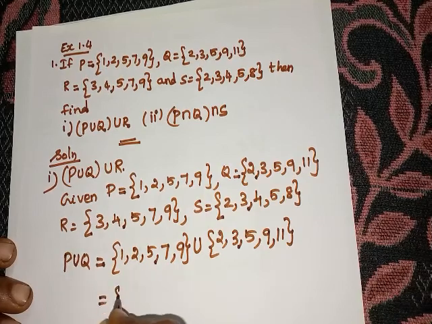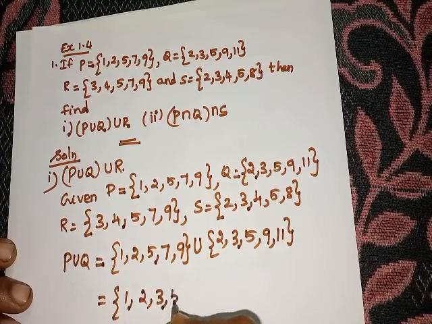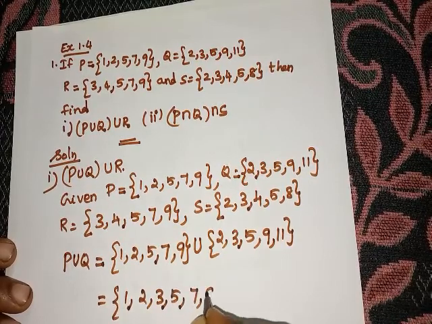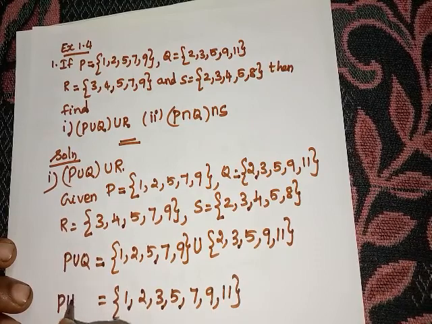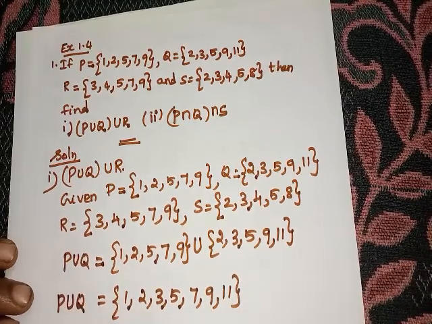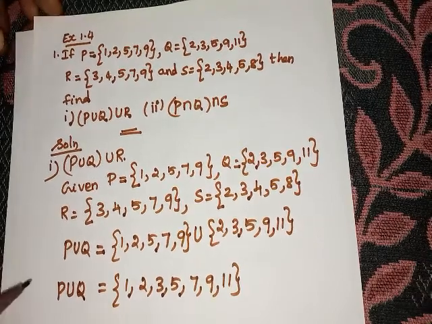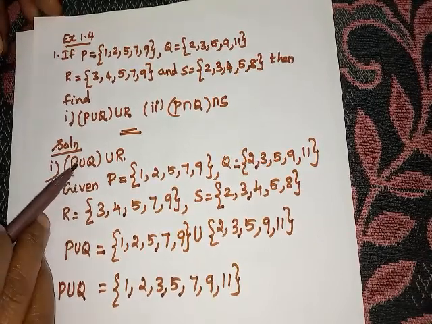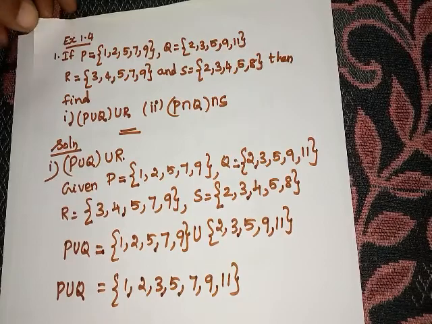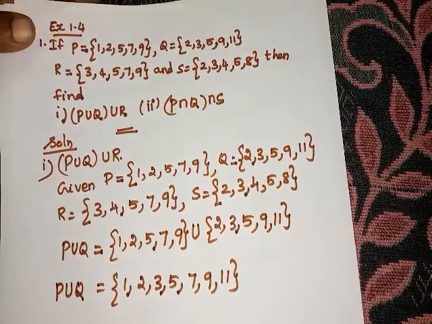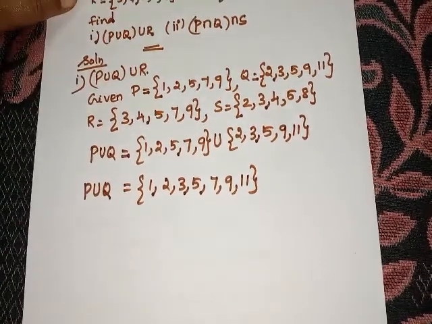So we get {1, 2, 3, 5, 7, 9, 11}. That is P union Q. Next, we have to find P union Q union R.